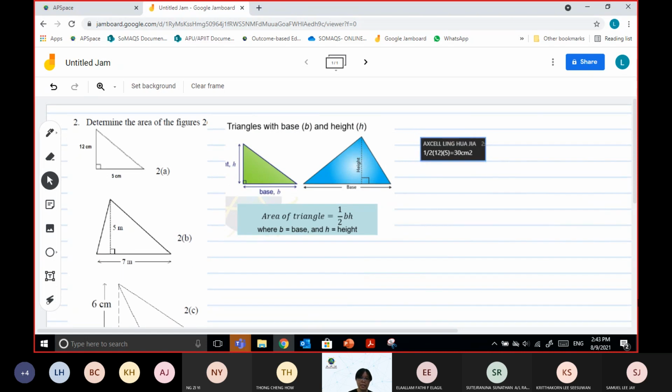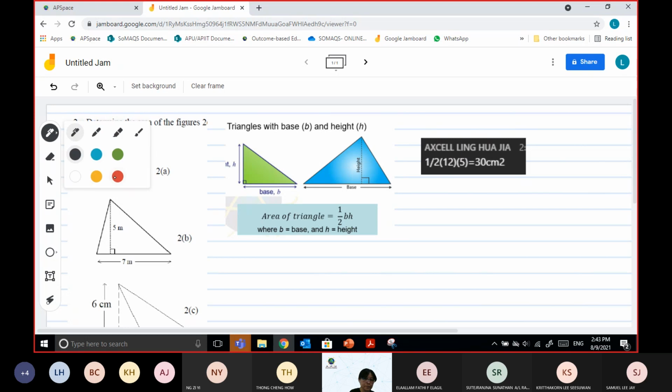So this is the solution from Excel, the answer for question 2A. 2A is a simple one. It's a right angle triangle. So it's 1 over 2 times the height, which is 12, times the base 5, which is 30.